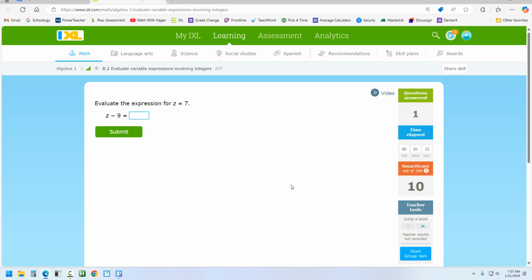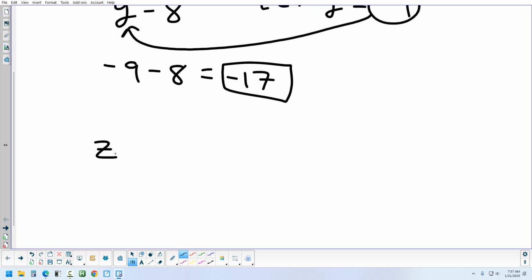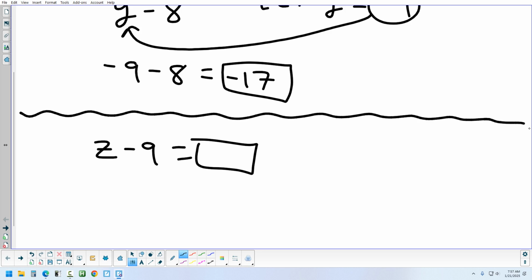Okay, z minus 9, and they're saying z is 7. So z minus 9. Just put a line here for that one. And let z equal, I think they said z was 7.